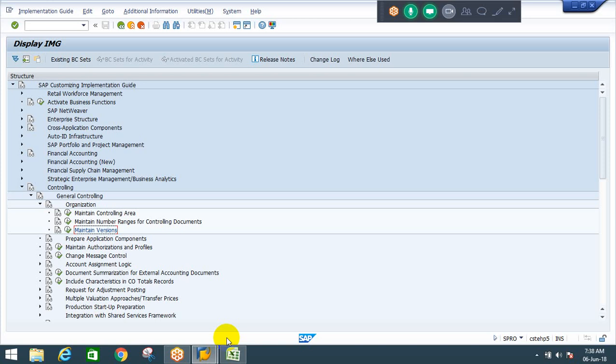Version 1, 2, 3 and other versions are only for planning. Why do we have different plan values? So that we can maintain different levels. Version 3 has one level, after approval version 2 has the approved plan, and version 1 after approval.